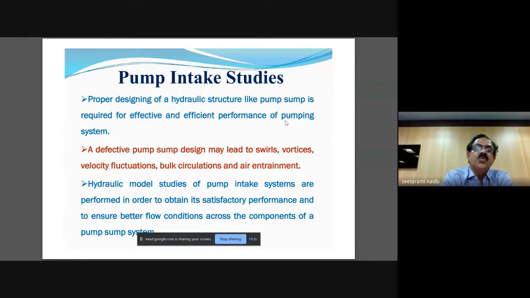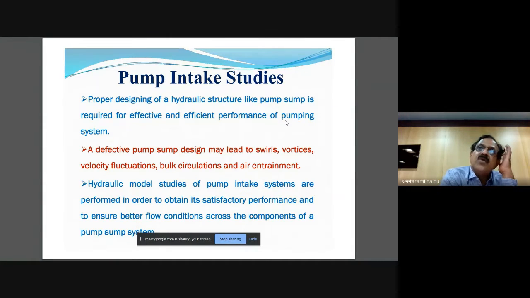It should not be too far from the rated discharge. Low-discharge operation makes cavitation likely, especially in Francis and axial type turbines. But the same is the case with Pelton turbines also.